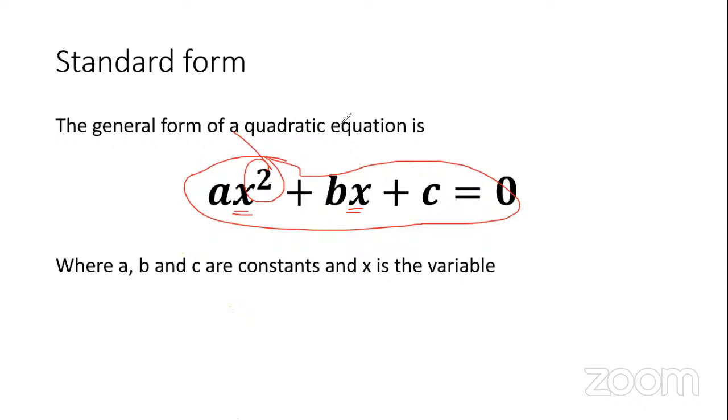What do we understand by constants in math? I can hear from you, or you can type in the chat. What do we understand by constants? Any idea? Yes, Junior?